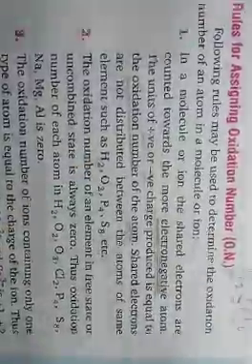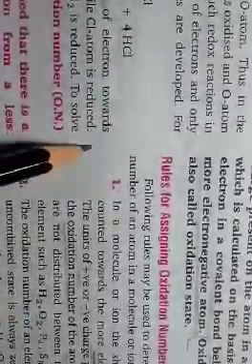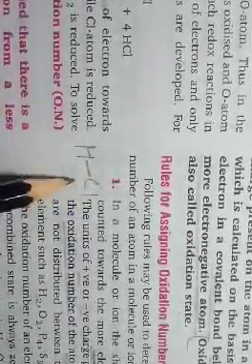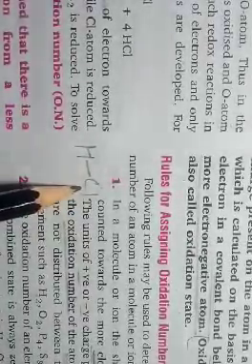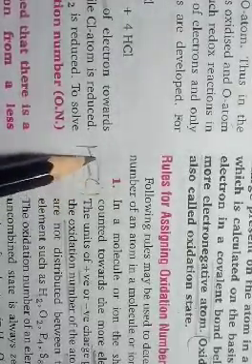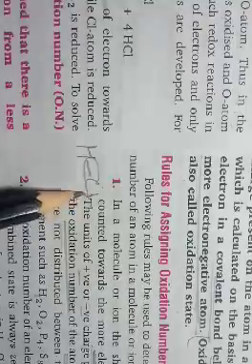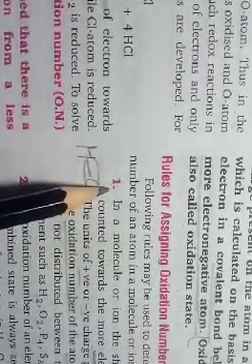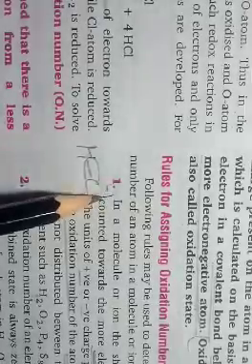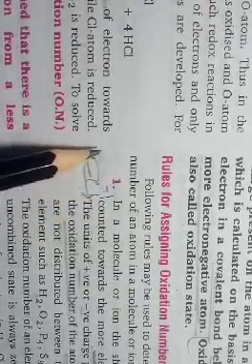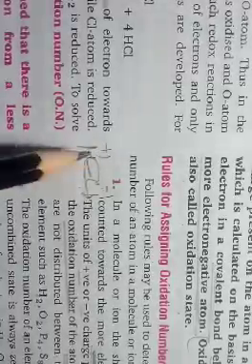For example, HCl. In this compound, you all know that Cl is more electronegative than hydrogen. So this pair of electrons will belong to the Cl only. So the oxidation state of Cl will be -1 here, and against this -1, the oxidation state of hydrogen will be +1.